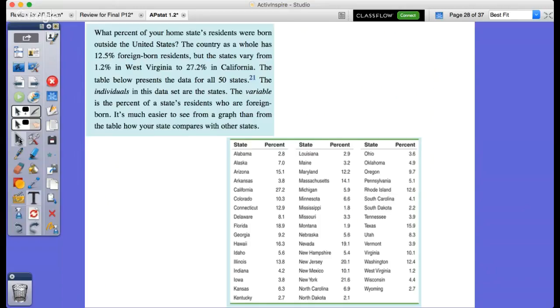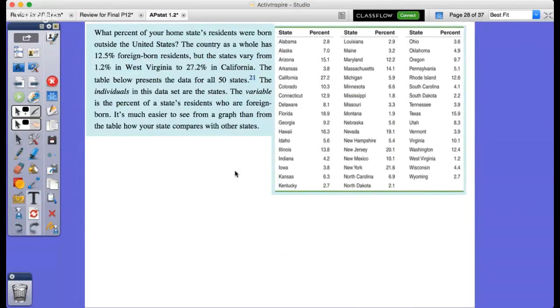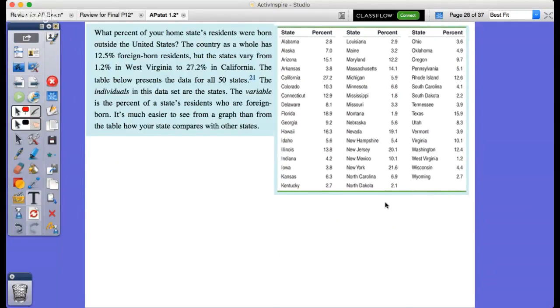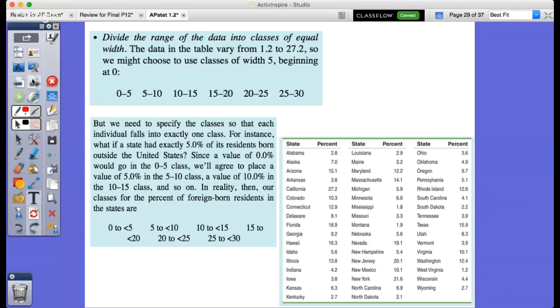So if I were to take this, first off, we would represent the fact that each of these states would be a variable compared to their percentage, right? This would be a relative frequency graph, okay? Now, once we know it's relative frequency, we can go in and identify how many are within each of the categories. So how many states were between 0 and 5?